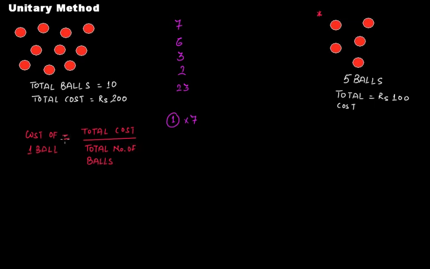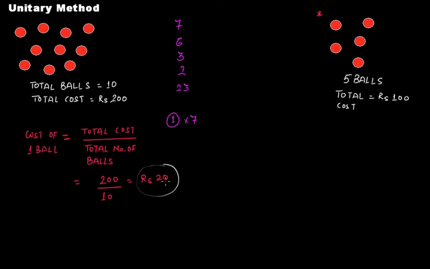So the total cost is 200, the total number of balls is 10, and that will give you rupees 20. Therefore, the cost of one ball is rupees 20.